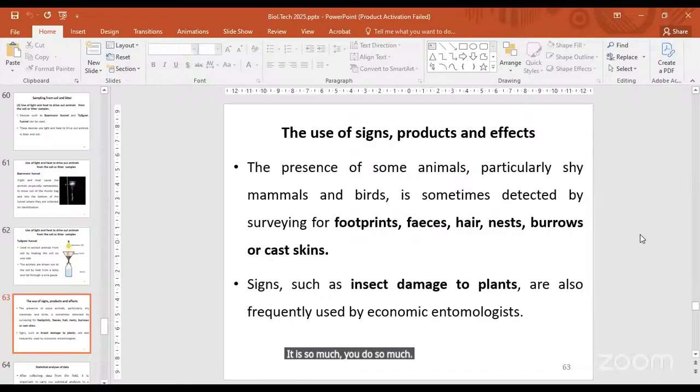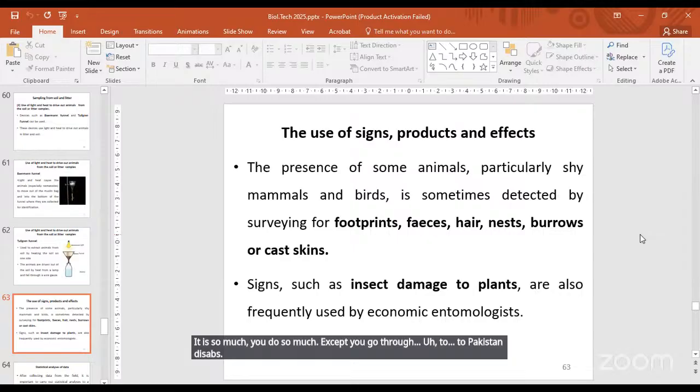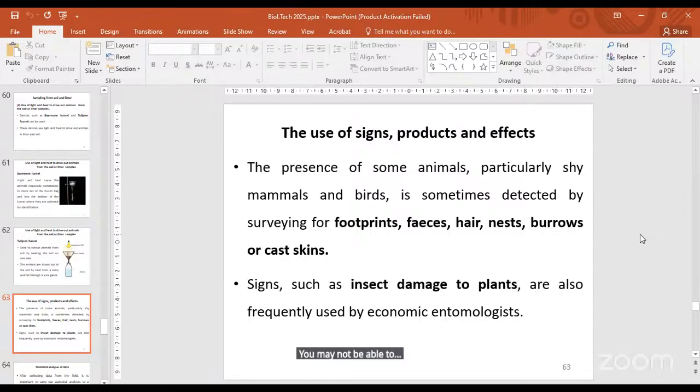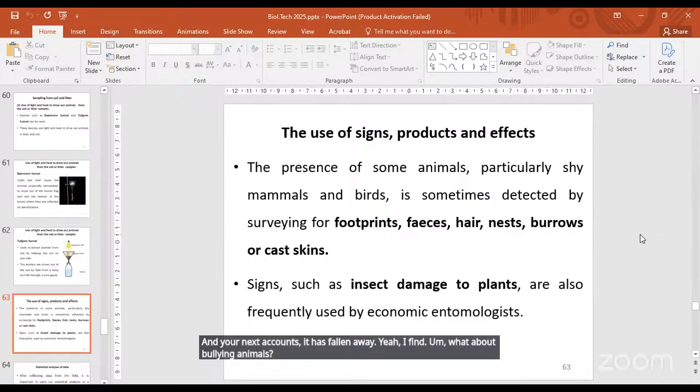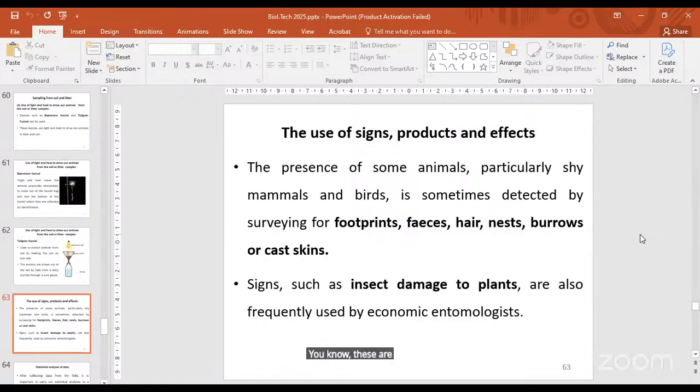Except to go to parks and reserves, you may not be able to do direct studies. You understand? Or maybe animals like the birds. They just fly, even if you see it, in the next seconds, it has flown away. You understand? Or what about burrowing animals? These are difficult to sample directly.